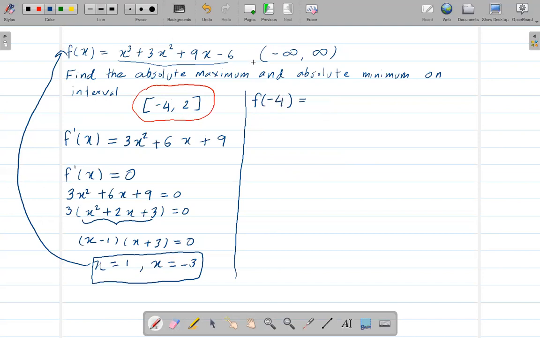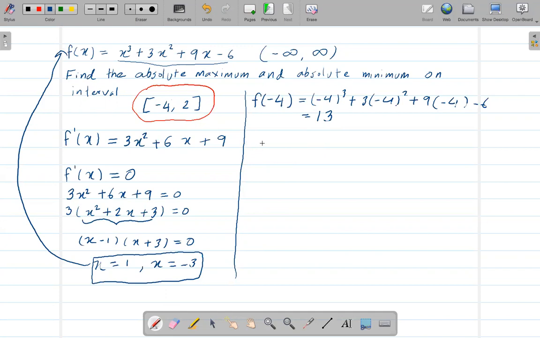So negative 4 to the power 3 plus 3 times negative 4 squared plus 9 times negative 4 plus 6. Using a calculator, you will get 13.